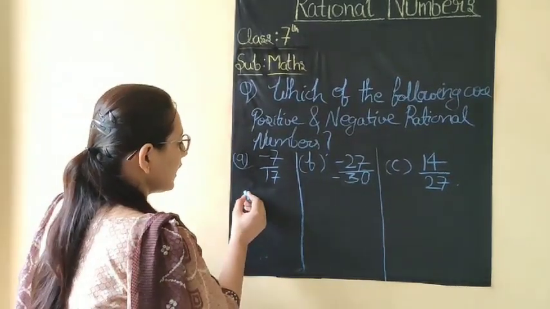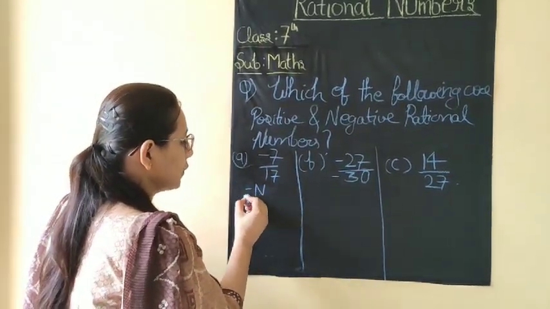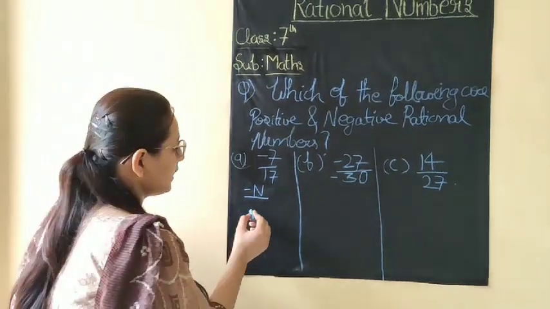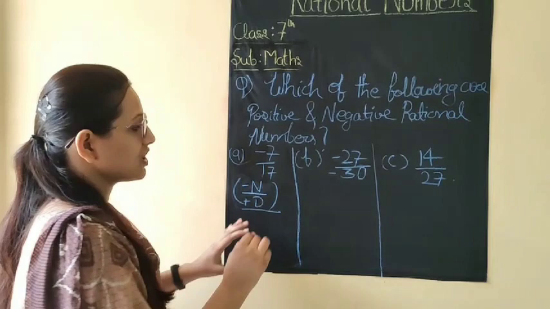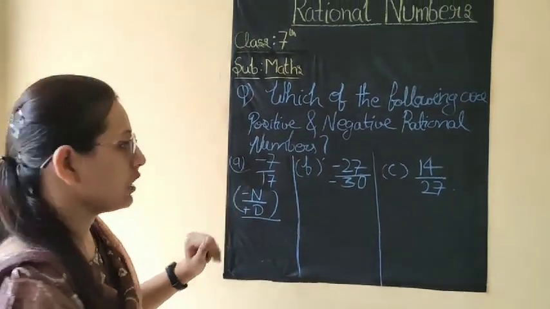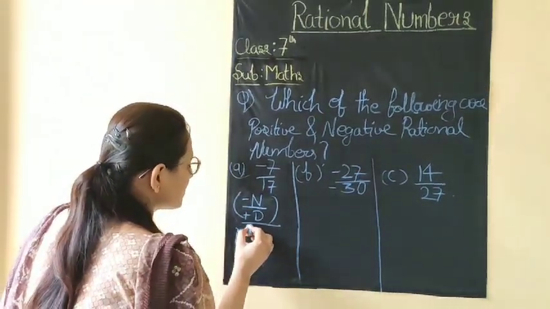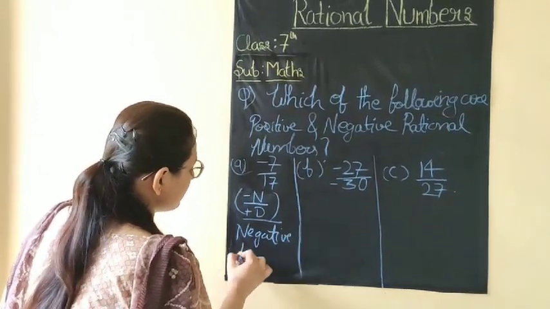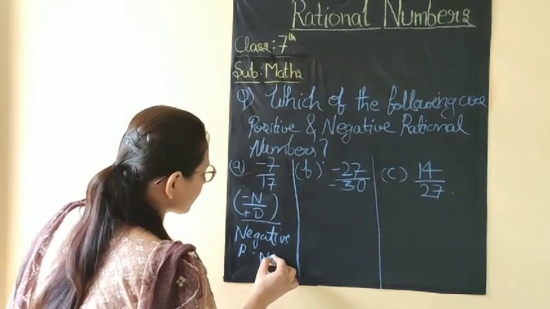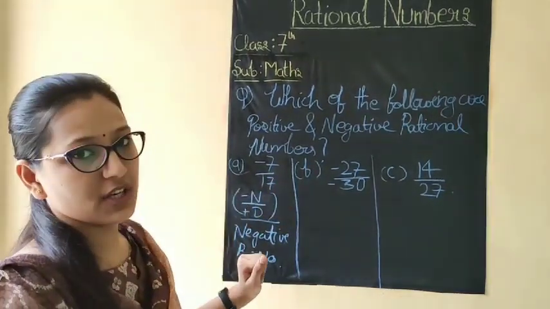This means that a rational number having a negative numerator and positive denominator is called a negative rational number. So this is a negative rational number.